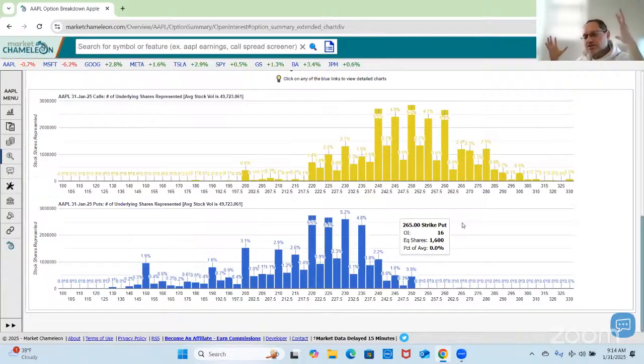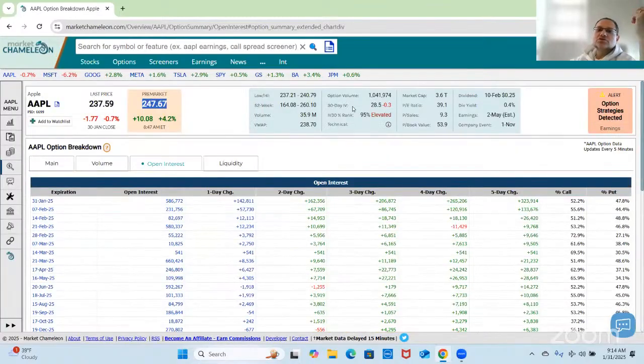So if all these options get converted to stock, what percentage of that stock would translate to average daily volume? How much stock are we talking about here? If it's a little bit, it might be insignificant relative to what on average the stock volume trades, because the stock volume is here, 36 million.